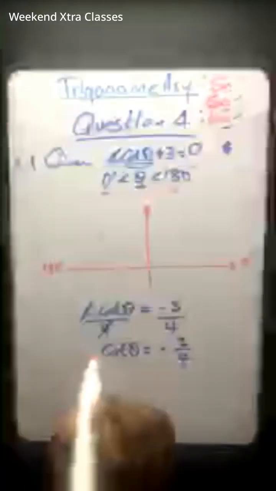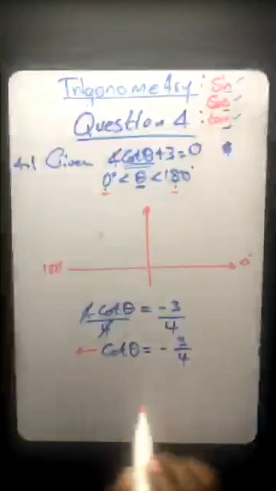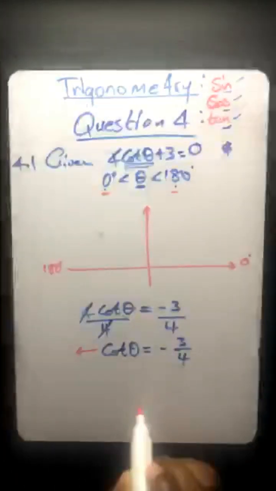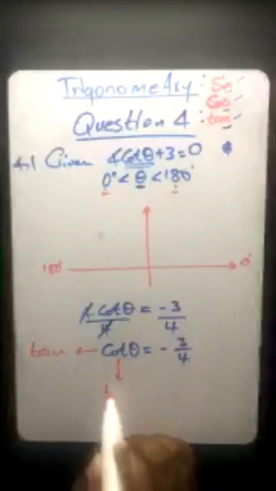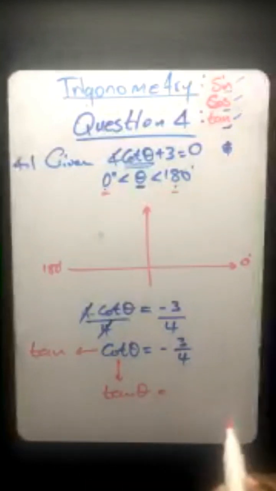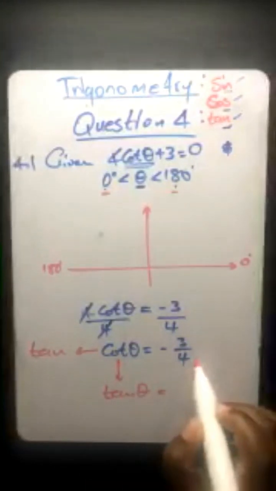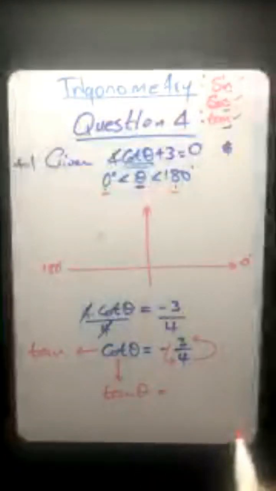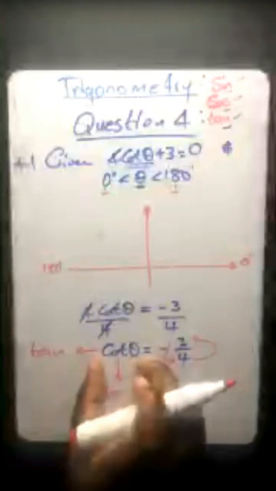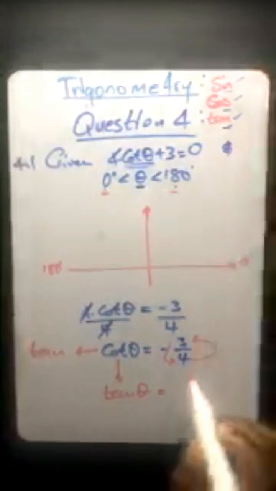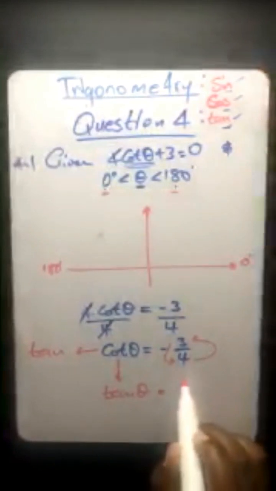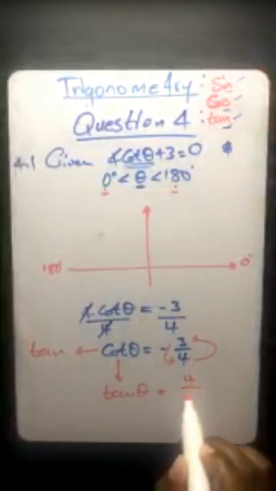Okay, 100%. So remember, we said the cousin of cord is tan. And we do know very well that if you want to move from cord to tan, you need to work out that ratio by swapping that becoming that and that becoming that. Meaning, if you now want to convert that, what we call the reciprocal, into the trigonometric ratio, you will need to swap those and have 4 at the top and then 3 at the bottom.